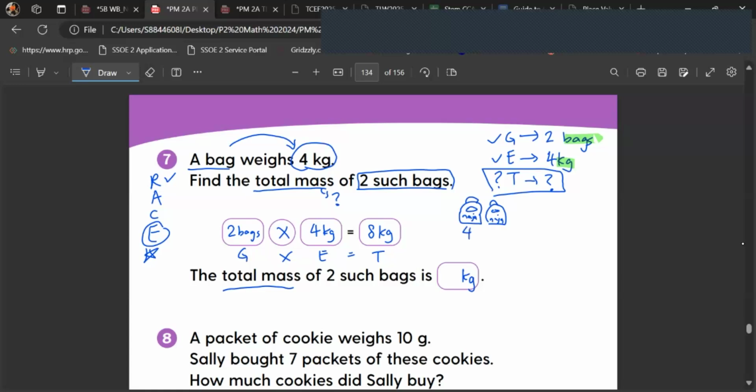Then it's 4 kilograms each. Is it difficult to draw? Okay, right? But I don't need to draw the bag out. I can draw just one unit that's 4 kilograms. Then I draw another same size part that is also 4 kilograms. And then I will draw a question mark because the question mark stands for total.